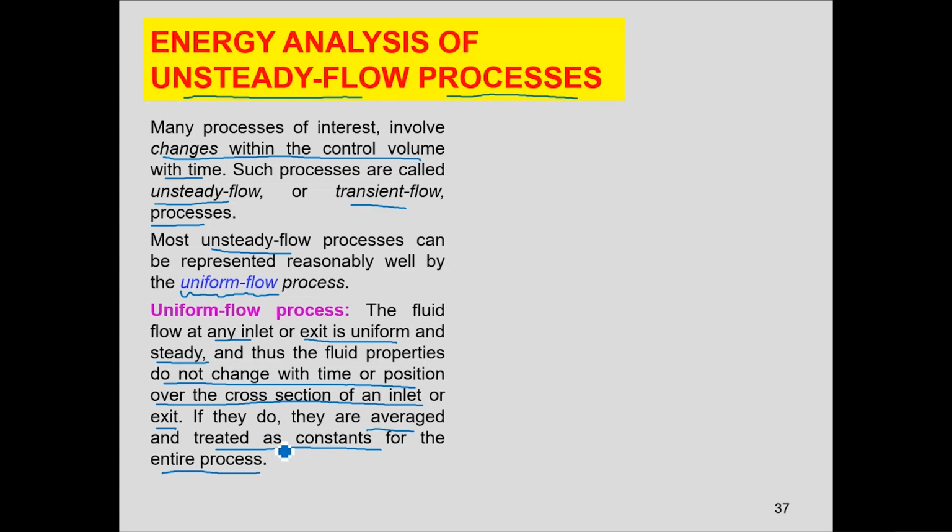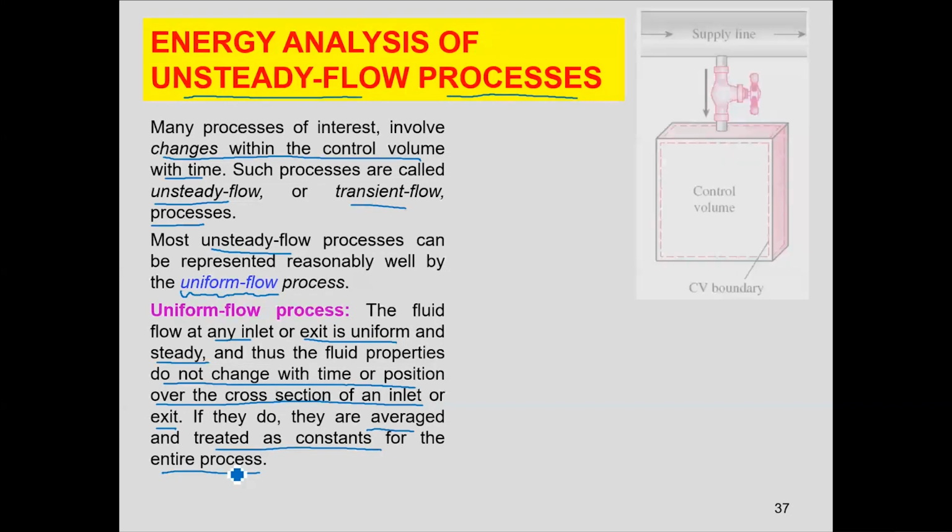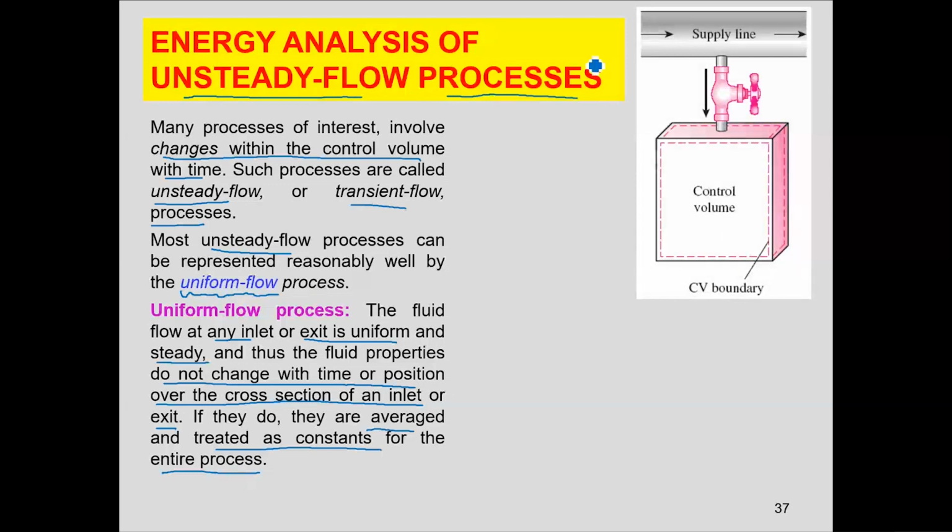However, within the control volume, the properties may change by time. So this is the specific case of unsteady flow process. You have a gas and you have a valve connected to the control volume. Initially, at time t equals 0, the mass of my control volume is essentially 0. At t equals 0, the valve is closed.